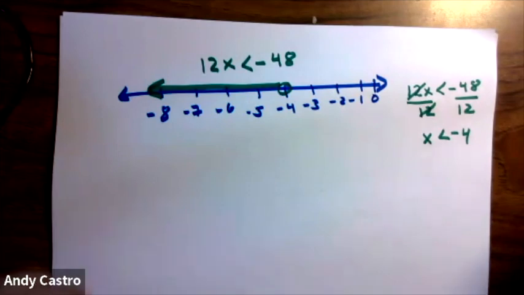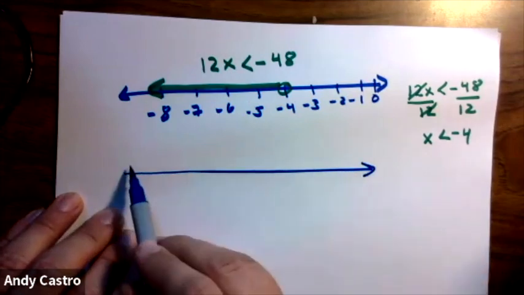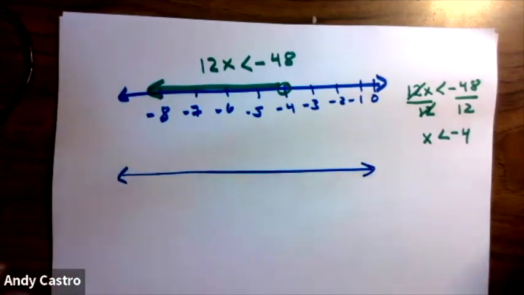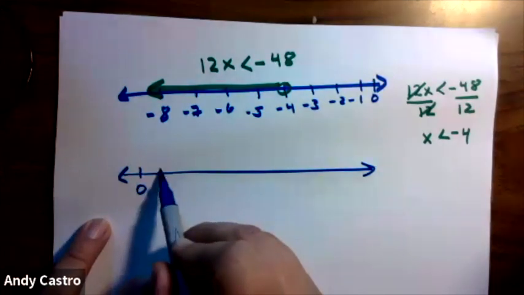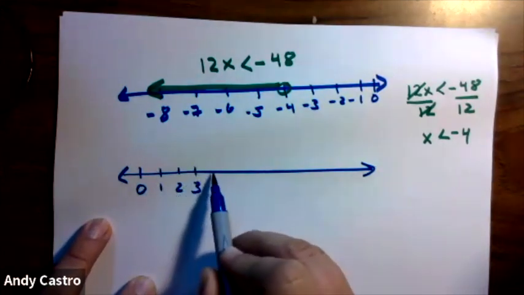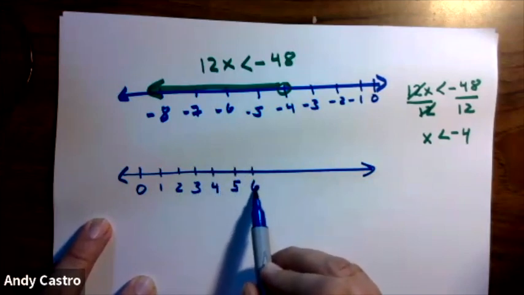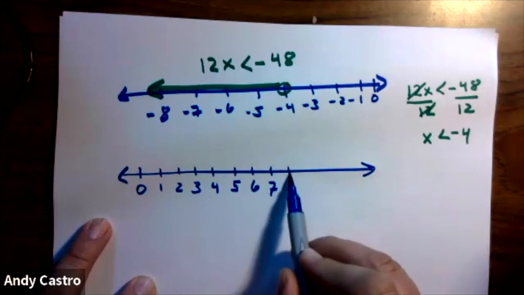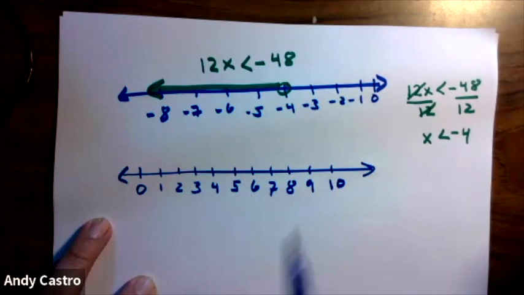Right, let's do another one. This one I'm going to have 0 over here. 1, 2, 3, 4, 5, 6, 7, 8, 9, and 10.